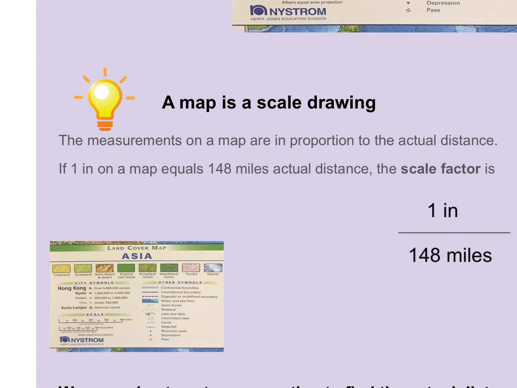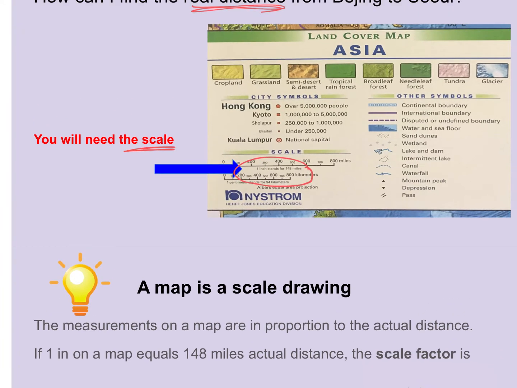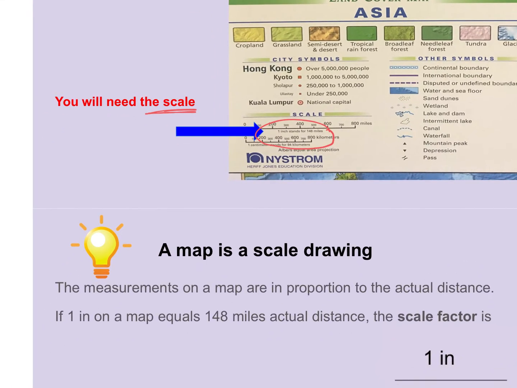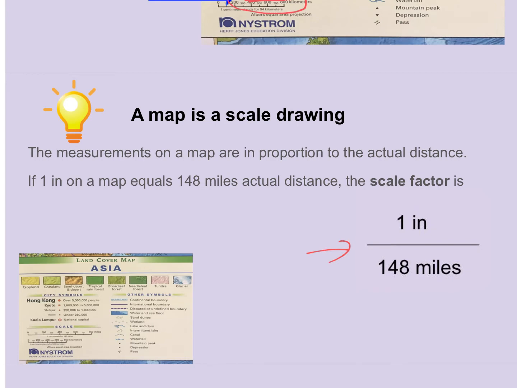If 1 inch on the map is equivalent to 148 miles in actual distance, the scale factor will be 1 inch to 148 miles. You can see it right now in the key. So this information right here, 1 inch stands for 148 miles. I'm going to write it down in fraction form, as a ratio.